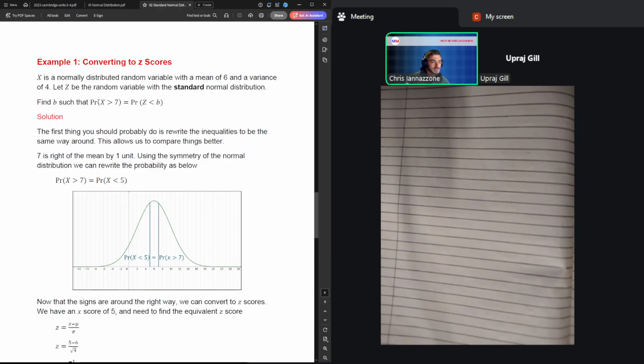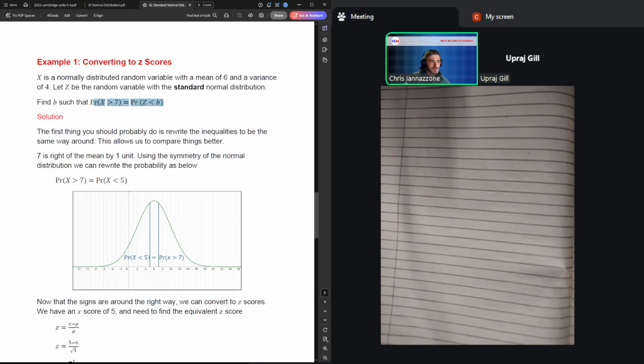If we think about what it looks like in terms of x greater than 7, 7 is just some x-axis value. So when I see z less than b, that's also an x-axis value, but it's just written as a z instead of an x, because it's standard normal. So what we're effectively saying is, what is the z equivalent of this spot, more or less, or at least of this probability?